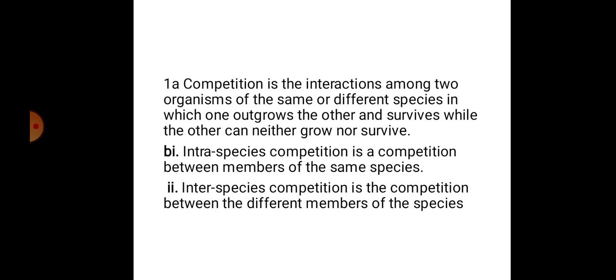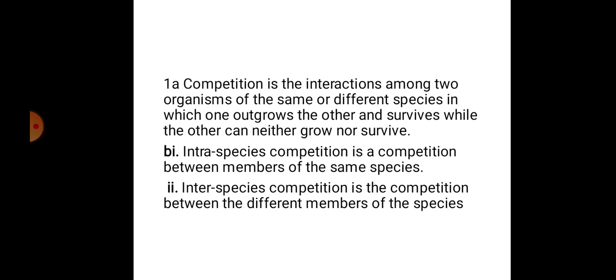They are the same species, so they can compete among themselves. So those are the examples of intraspecies. The competition is between two members of the same species. So that is called intraspecies competition.